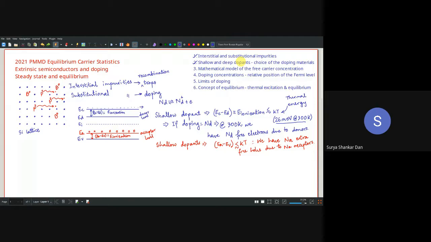This brings us to the concept of choice of the doping materials. So if we open up the periodic table, can you see this?